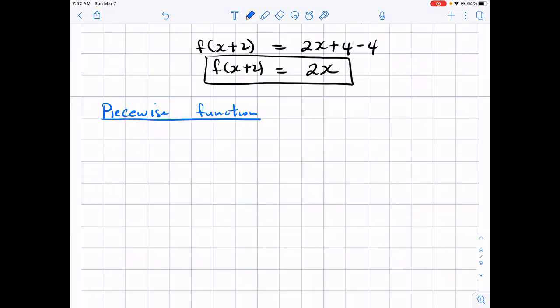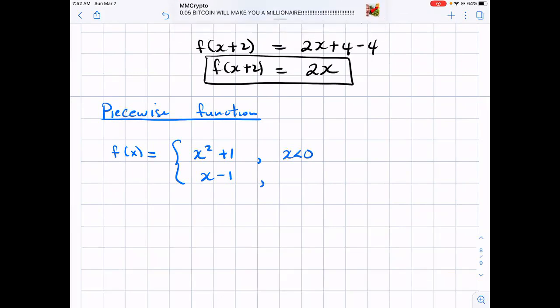So for example, we can have f of x is equal to, we'll have 2 pieces here, x squared plus 1 and x minus 1. And the domain for x squared plus 1 is x less than 0. And the domain for this one here would be x greater than or equal to 0.